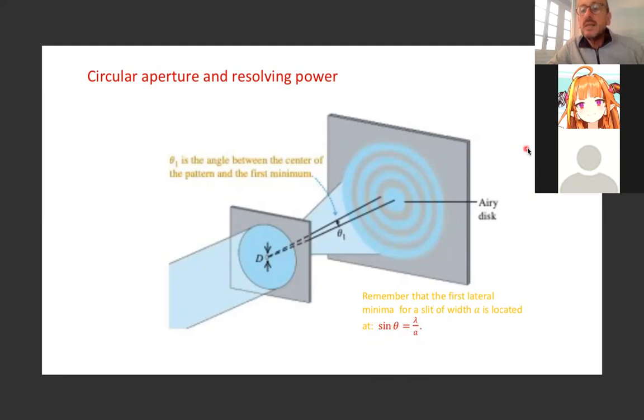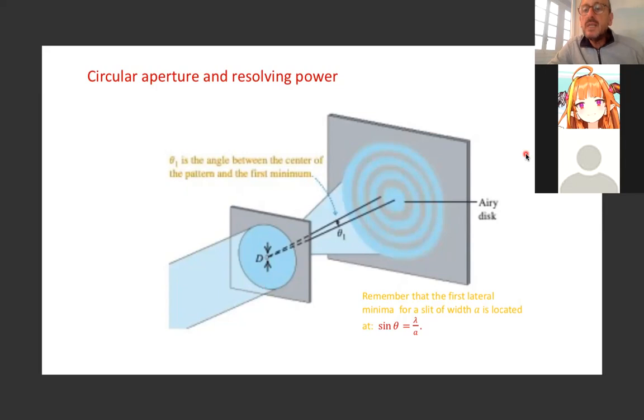That means that the wave coming from the top of the slit and the one at the bottom of the slit have a difference in phase of 2 pi, which means the electromagnetic field from one extreme of the slit is in phase with the contribution from the other extreme of the slit.